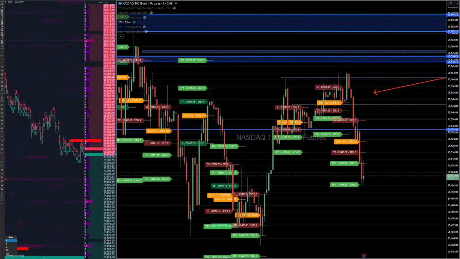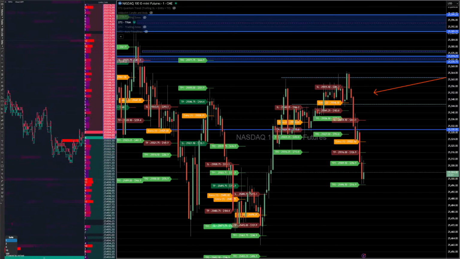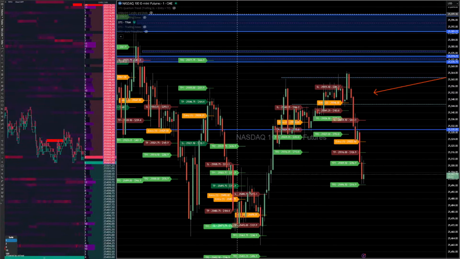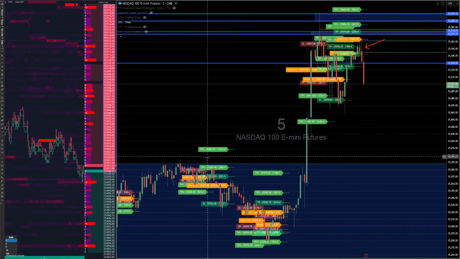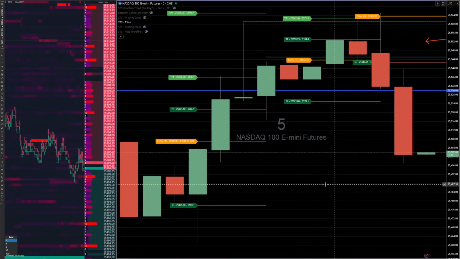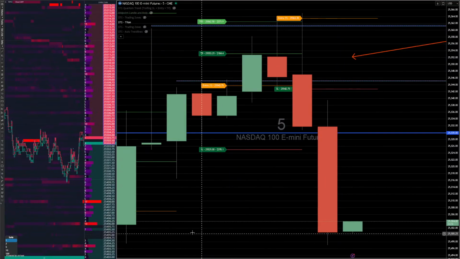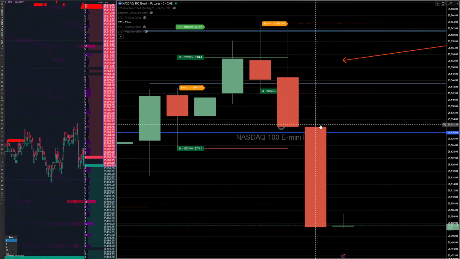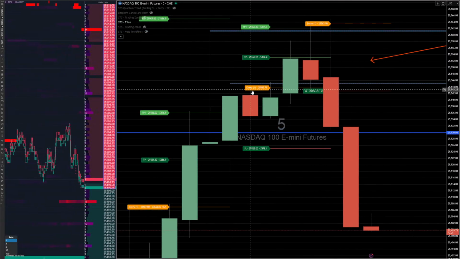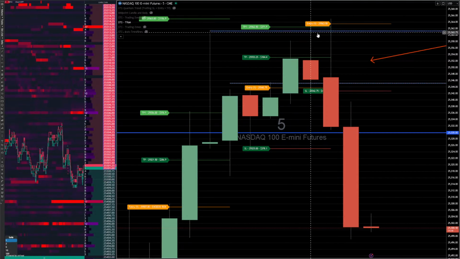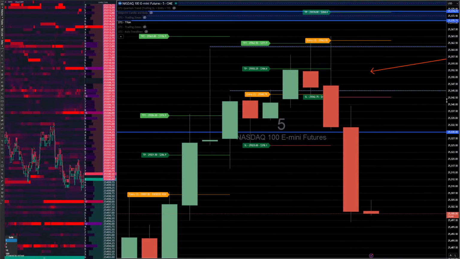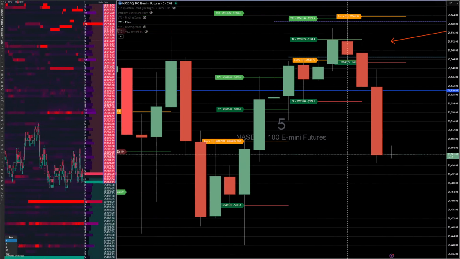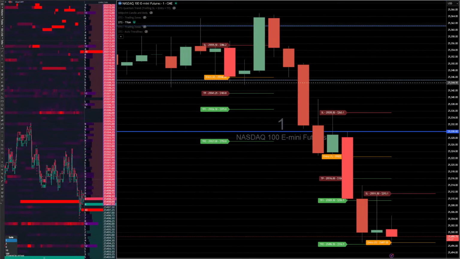Wait a minute, let me take a look at that. Yeah, it lost. I think that's the first one, but that's on the 5 minute. It never saw any profit. It just wicked entry and then turned around. There was a buy that won, and then one more buy right on top of it. And there's a 5 minute extreme right now. Just selling.